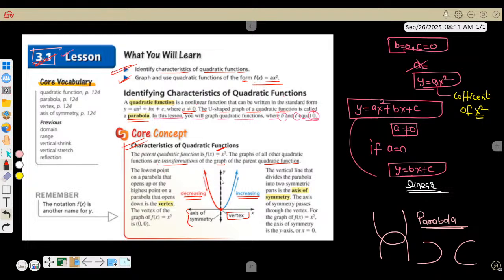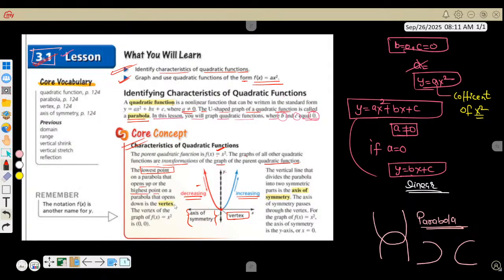Why axis of symmetry? Because the graph which we have on the left side, we have the same on the right side. So that's why this line is called the axis of symmetry. If your graph opens up, you have the lowest point, or if your graph opens down, you have the highest point.